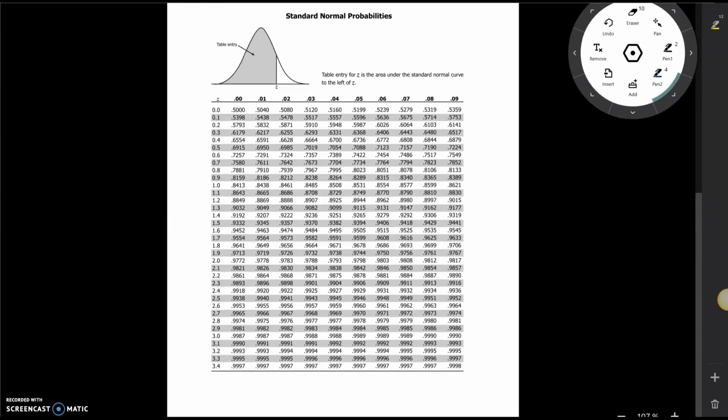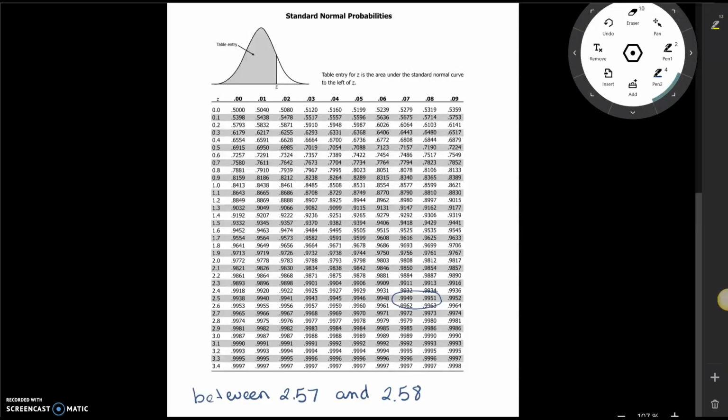Looking across here, 0.995. Okay. Notice that 0.995 falls directly between these two numbers. So the z that corresponds with this number is 2.57, and the z that corresponds to this number is 2.58.